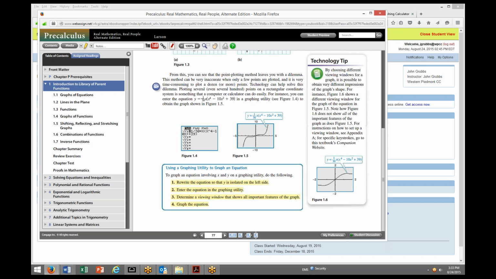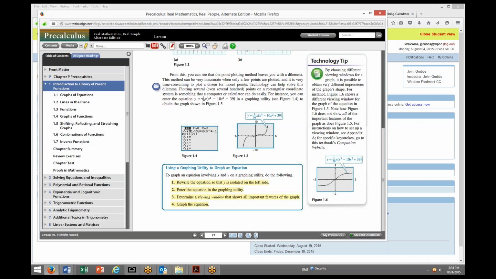Anyway, I trust everybody's going to recall, I think we mentioned this a few minutes ago, that when you use a graphing utility, almost always you have to rewrite the equation first so that y is all by itself on the left side. That can involve some algebra, sometimes fairly much, and sometimes not so much. So once you get it to where it's just y by itself on the left side and everything else, the x terms, the constants and all, are on the right, then you enter that equation in the graphing utility, and then you determine a viewing window that shows all the important features of the graph, and finally graph the equation.